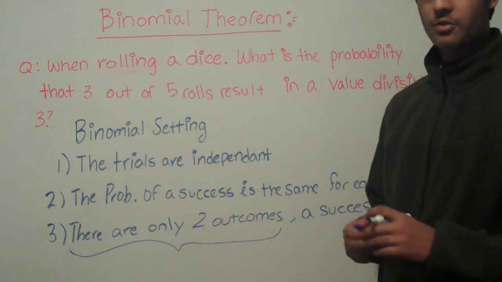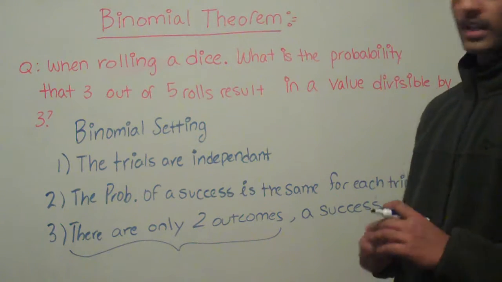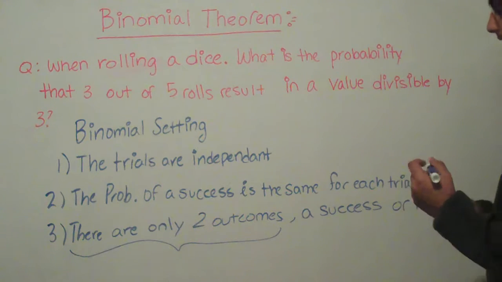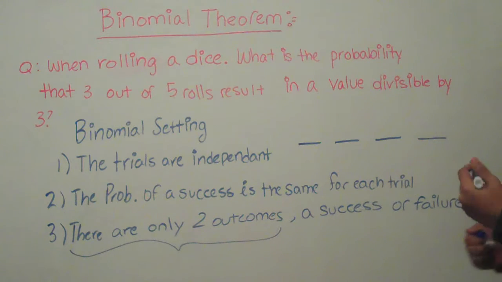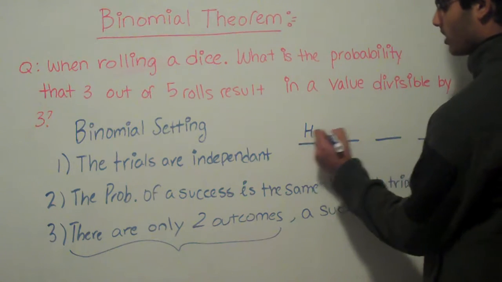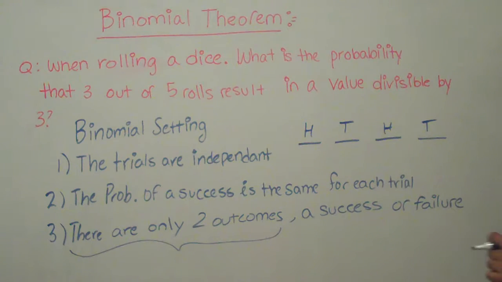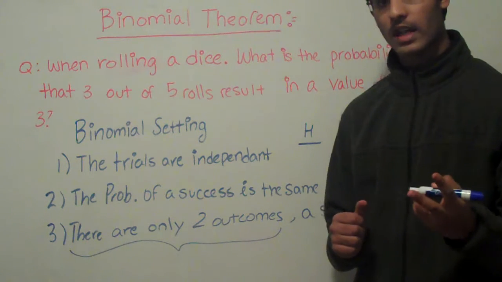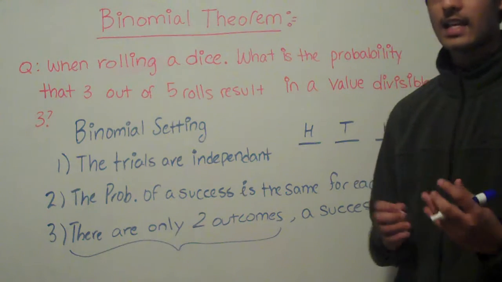And the outcome, or the event that you're trying to find the probability of, is the success. Let's take a parallel example. Let's say we have the coin example, and we want to flip it 4 times, writing just heads and tails. So let's say that we get H, T, H, T. So if we wanted to find the probability that 2 out of these 4 times the coin would land on heads, then heads would be the success and tails would be the failure.